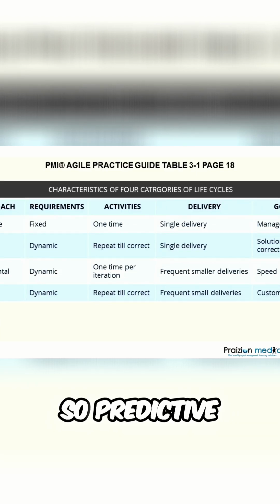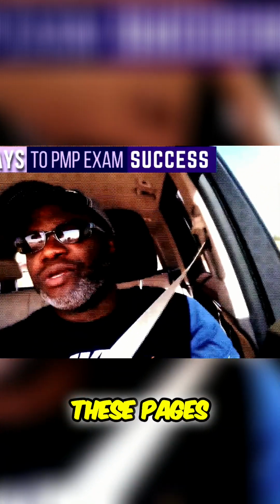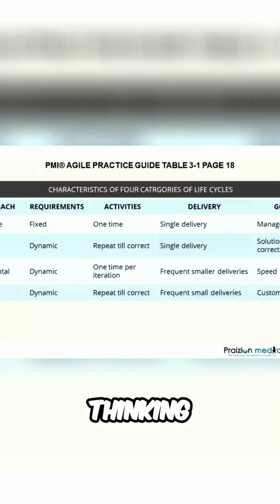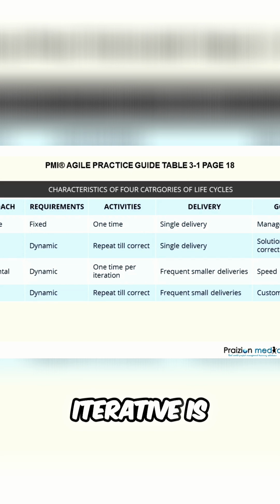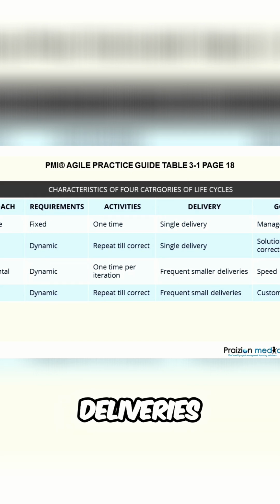So predictive is a one-time delivery. Iterative is a one-time delivery. If you're not really focused on these pages, you could wind up making the mistake thinking that incremental is the same as iterative. No, they're different. Iterative is a one-time delivery. Incremental is frequent, smaller deliveries.